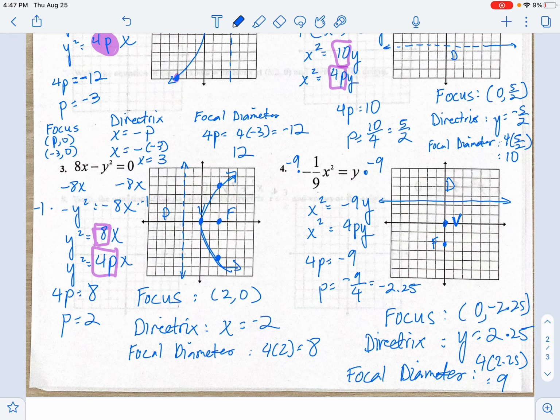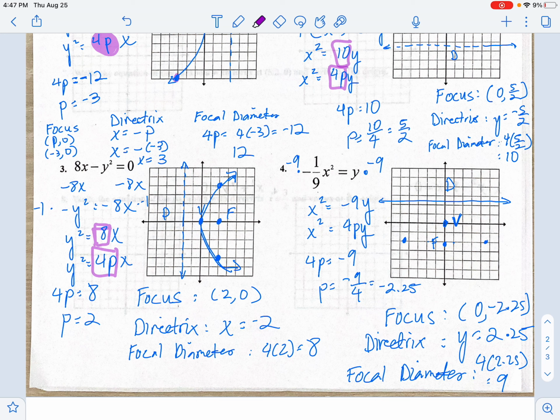Finding my focus, I know I'm going to need to go a total of 9 distance, and that would mean I have to go 4.5 in both directions. I know these decimals are kind of irritating, but sometimes it's not always going to be a whole number. So let's split 9 in half, so that's 4.5 on each side.